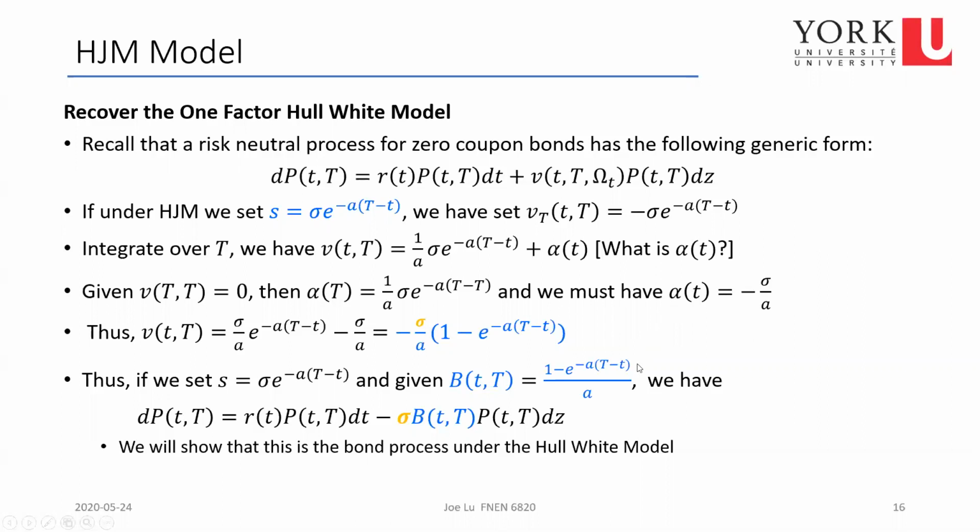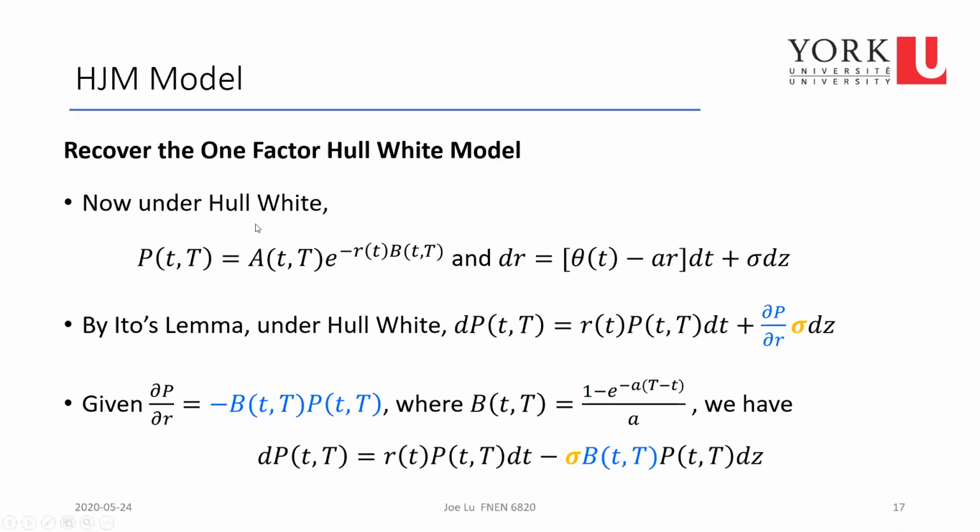Now let's take a look at what the process is under the Hull-White one-factor model and see whether that process for the zero coupon bond is exactly what we have derived here from the HJM model. If you have the Hull-White model, your price must take this particular form, with the expression of A and B, and then your interest rate process is this, as we mentioned earlier last time, with a mean reversion here.